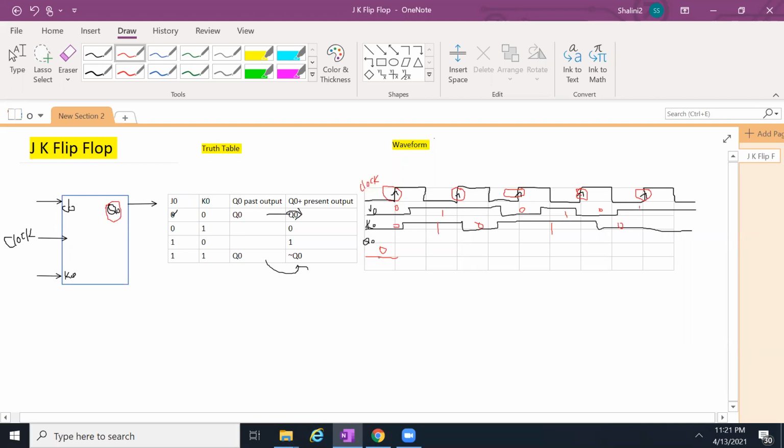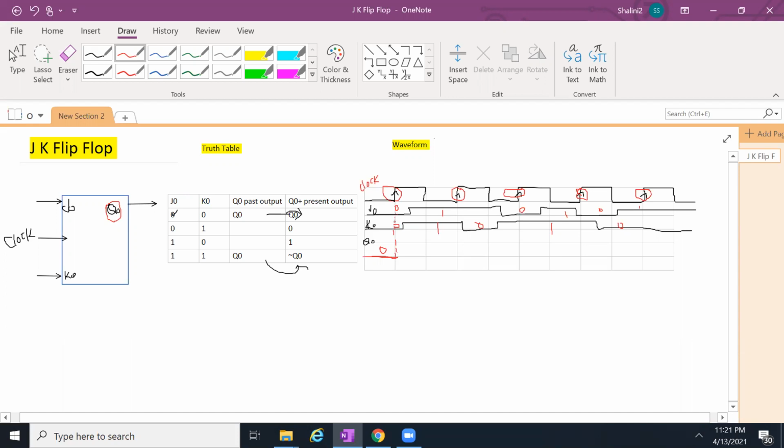We need to look into every passage of the clock, what value will come at Q0. Initially I considered this value as 0. At this particular positive edge of the clock, we need to look into the J0 and K0 values. Here the J0 input and K0 input are both the same.